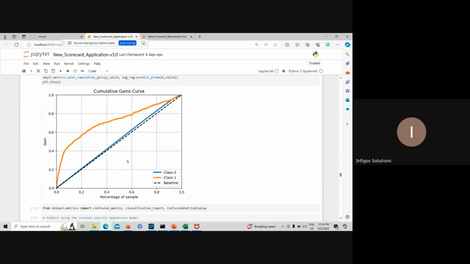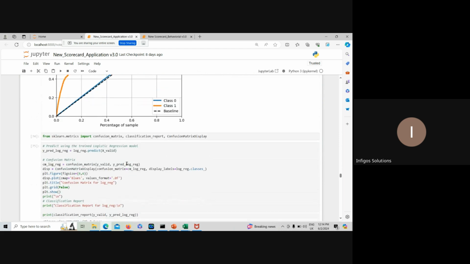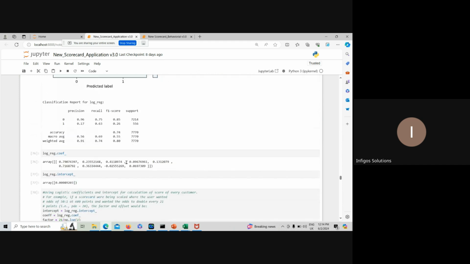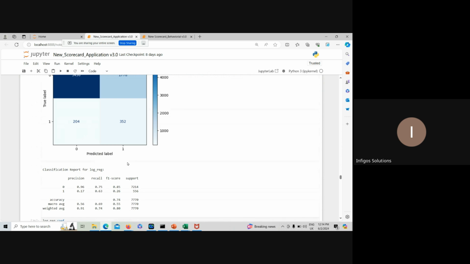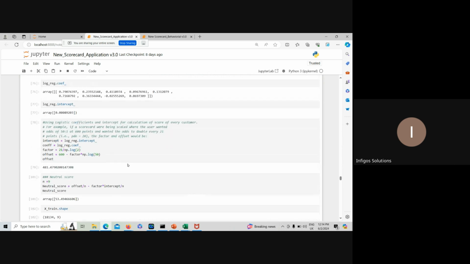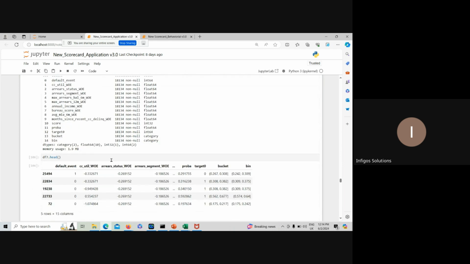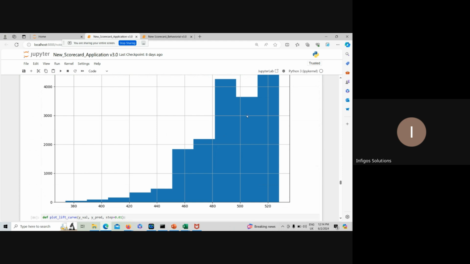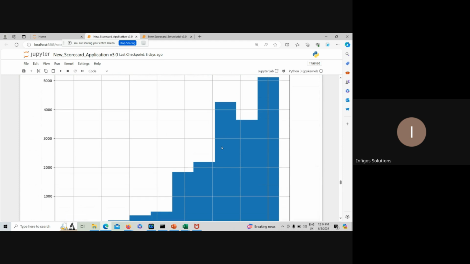We got the gain curve. We got the confusion matrix. And we got the score, which looks like this. This is how the final scorecard looks for the application.